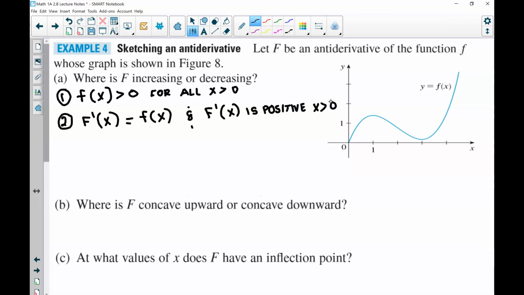So what this means is our final answer. That final answer would then tell us that the function F is increasing on what interval? Well, it's going to be increasing all the way from 0 to infinity.